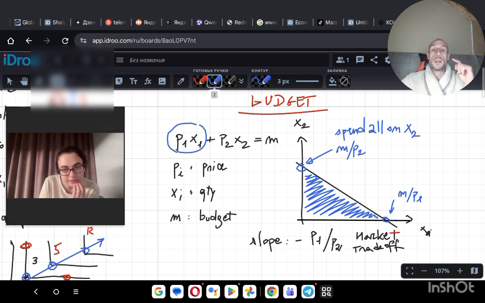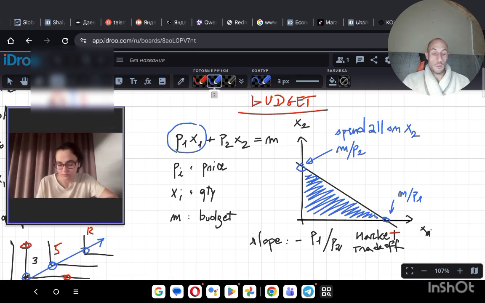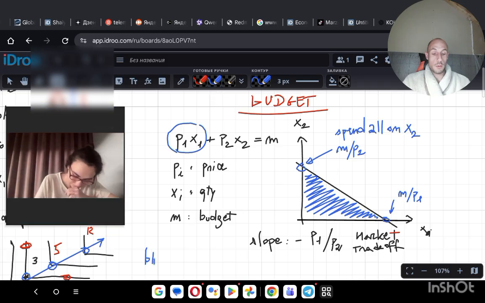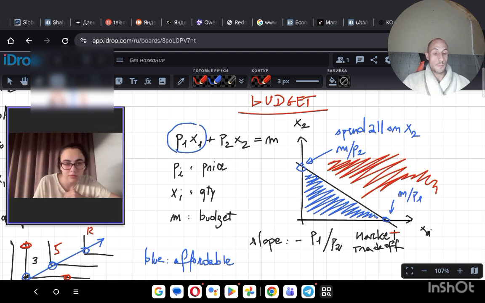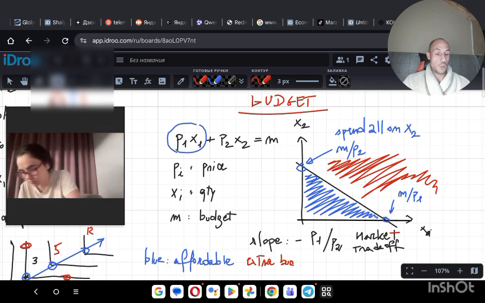Not in general, but all the blue area shows you the bundles, the quantities of x1, x2 that you are able to afford. Okay, blue is affordable. The red area over here. Oh, so it's everything that we can't afford? Exactly. Extra budget, which means too expensive.